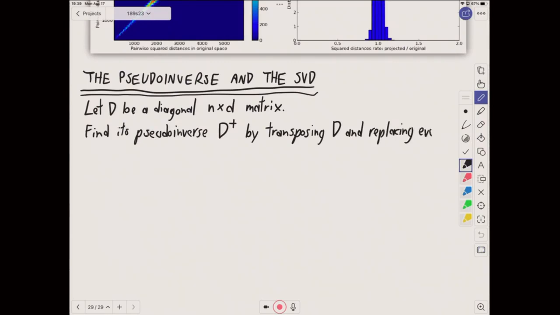And we replace every non-zero entry with its reciprocal.